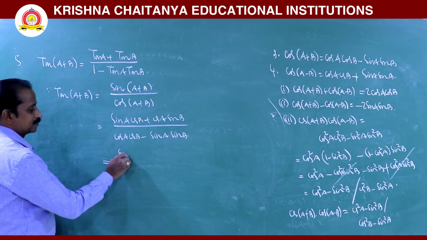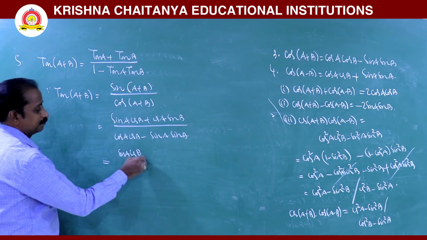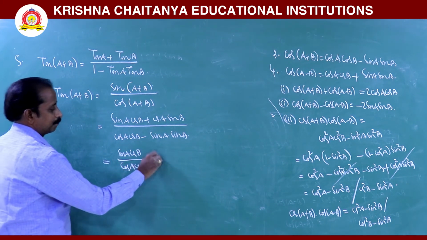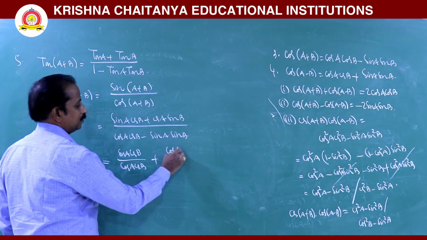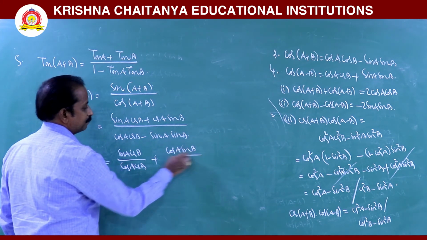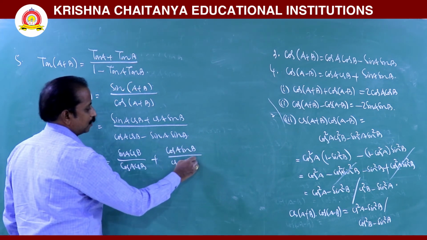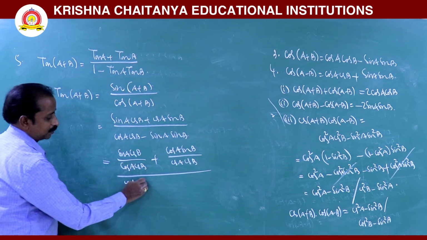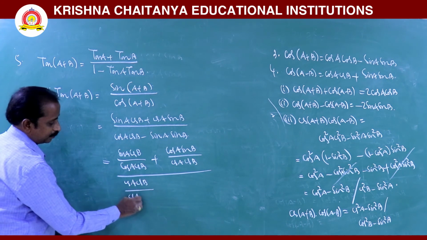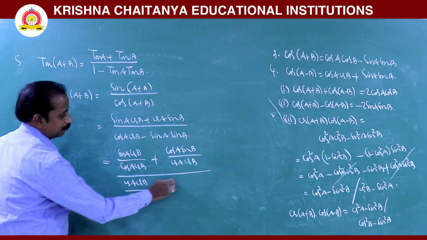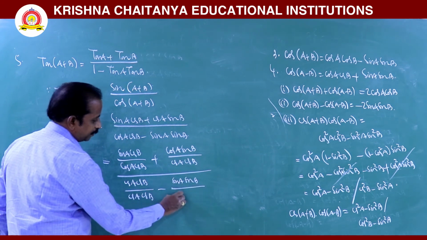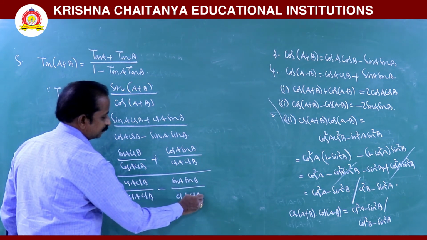So, we get sin A into cos B divided by cos A into cos B plus cos A into sin B divided by cos A into cos B, whole divided by cos A into cos B divided by cos A into cos B minus sin A into sin B divided by cos A into cos B.